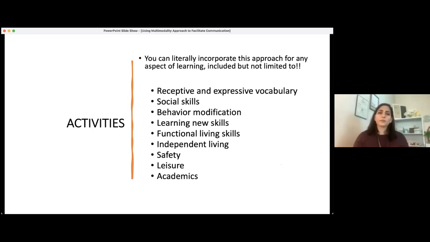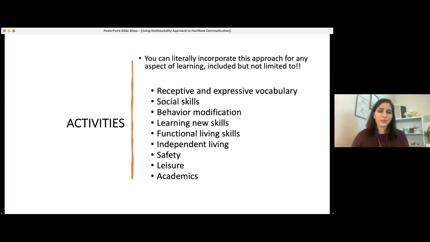So there are a lot of ways you can incorporate this method and combine and present it. But the one more important thing that I want to say is that when I'm talking about multimodality and communication, it's not only the receptive language.